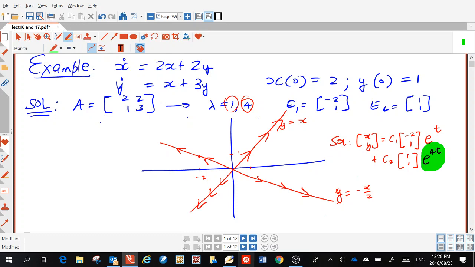So the tendency will be to approach e to the 4t. So even if a curve leaves 0, 0 here, if it leaves in that direction, at some point it will have a change of mind and move like that. So it becomes parallel to that line. Even if a guy is leaving there, he'll go like that.